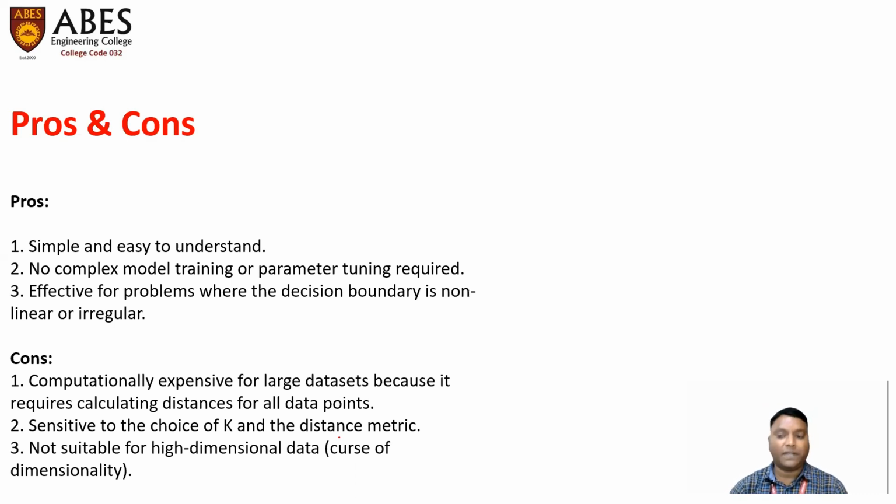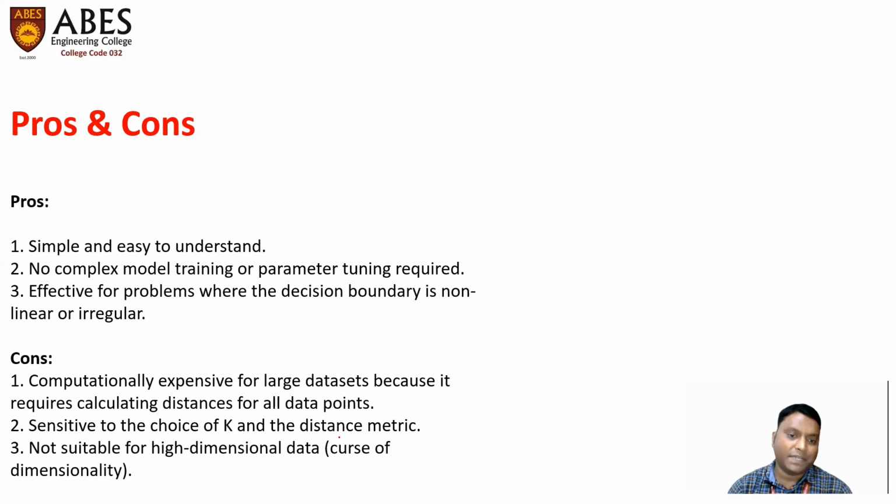And if I talk about the disadvantages associated with the k nearest neighbor algorithm, it is computationally expensive for large data sets, because it will take more time for calculating the Euclidean distance from each data point. A lot of calculation will be done there, so it will be very complex.